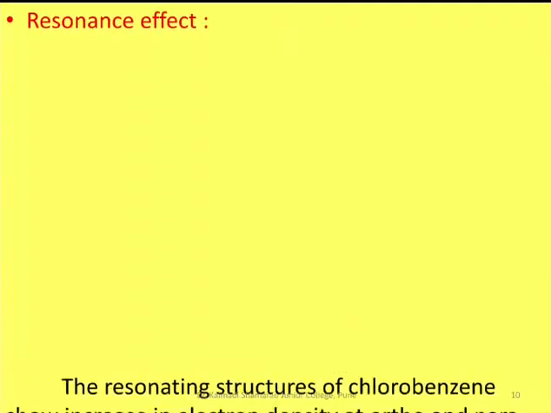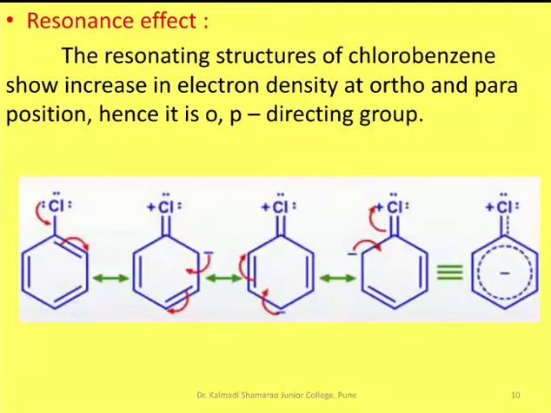Moreover, the resonating structures of chlorobenzene show that electron density increases more at ortho and para positions, hence it is an ortho-para directing group. However, because of steric hindrance at the ortho position, the para product is usually formed as the major product.